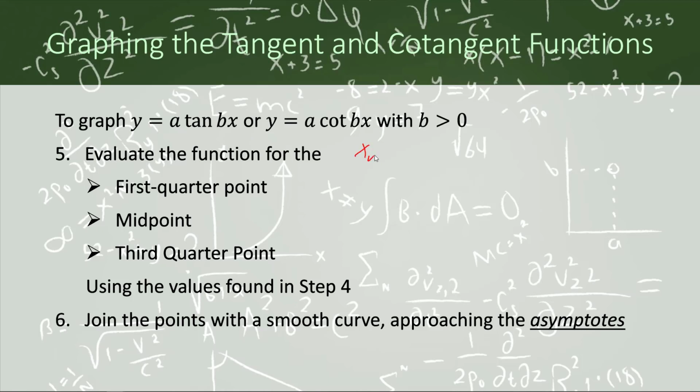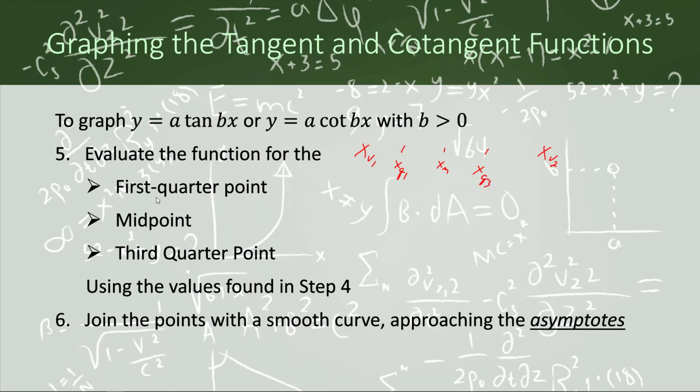We can call the first asymptote XV1. We will then have the second asymptote, which is XV2. We can actually break this into 4 equal intervals by finding the midpoint, XM, then finding the first quarter, I'll call that XQ1, and then finding the third quarter, which will be XQ3. So that's pretty much what we're doing.